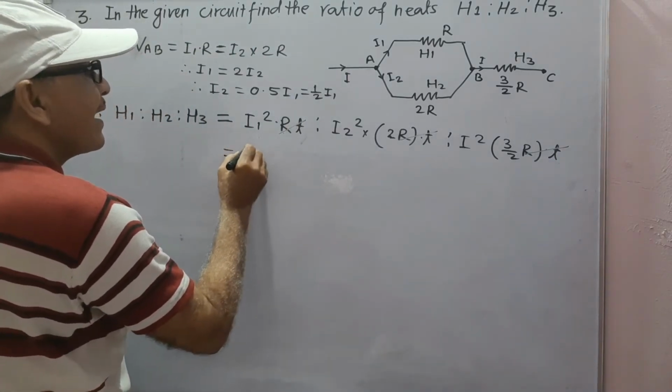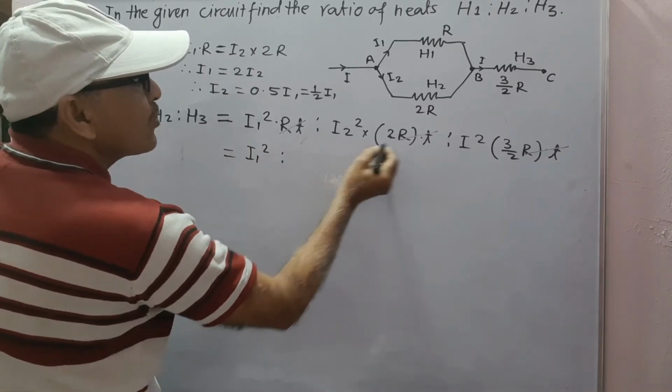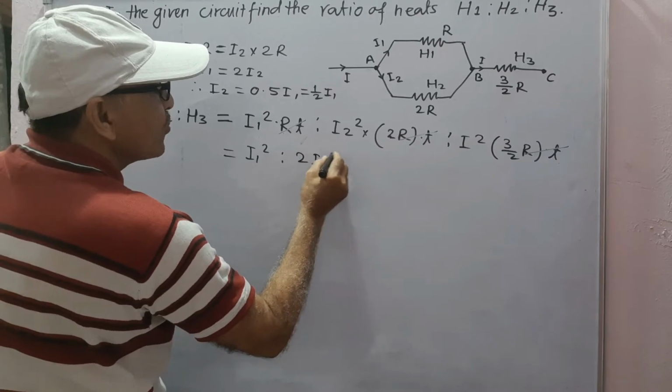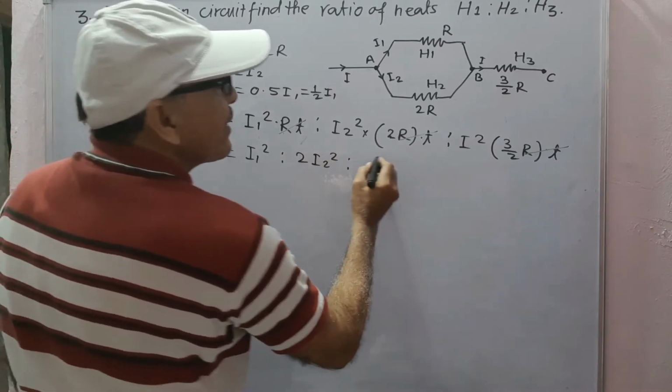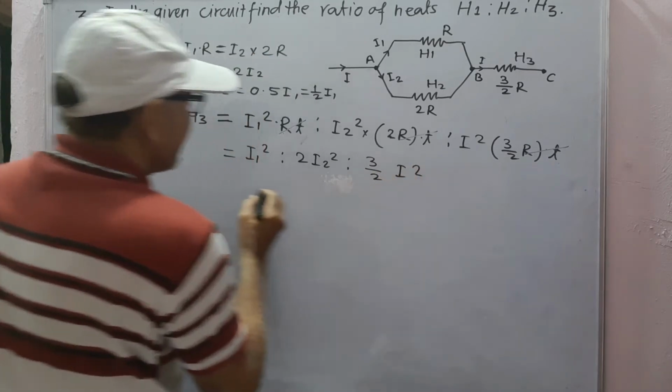We get I1 square is to 2 I2 square is to 3 by 2 I square.